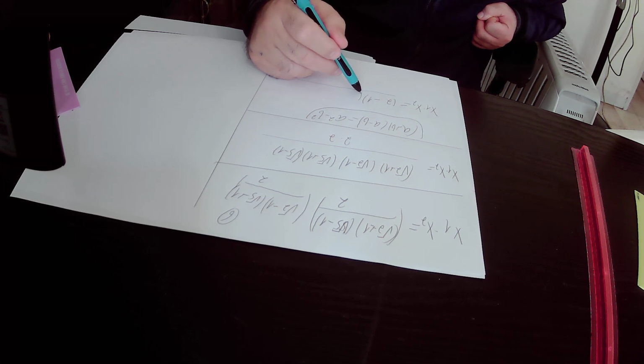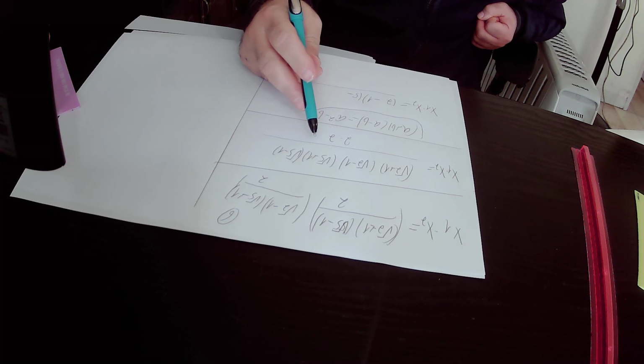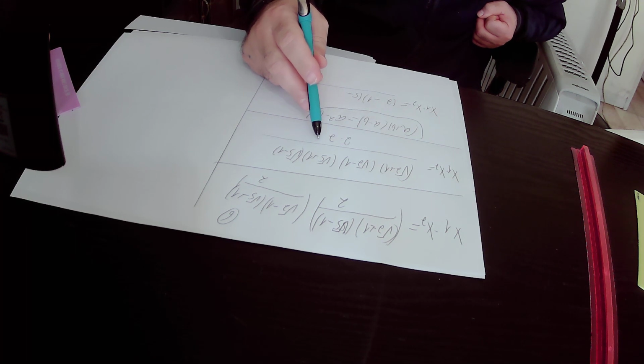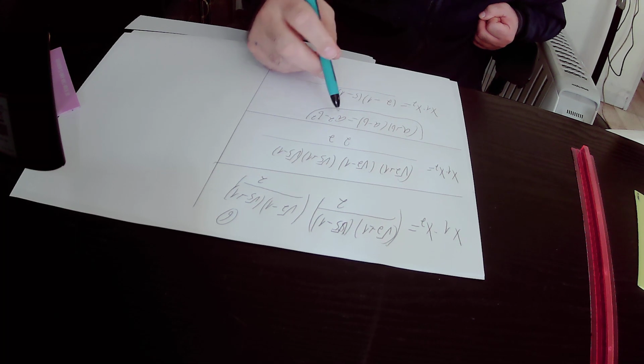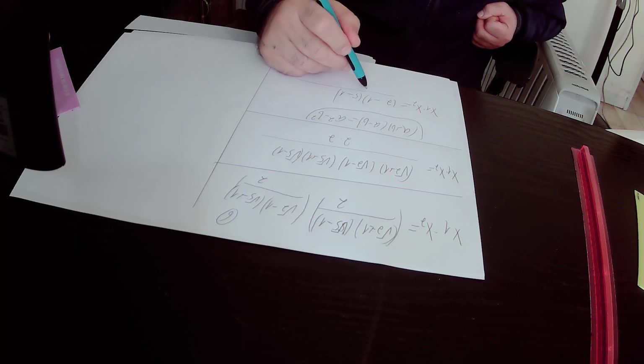Square root of 5 squared is 5, minus b squared. b is 1, so b squared is 1 squared, 1 squared is 1, so it is minus 1, over 2 times 2 is 4.